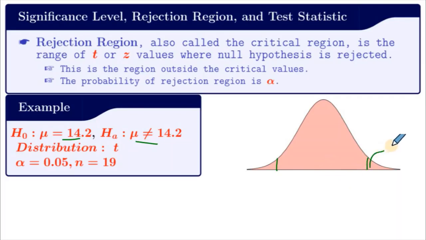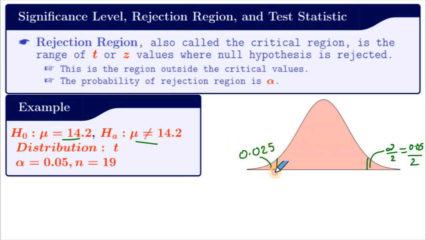So this area here is alpha by 2 and our alpha is 0.05. So this area here is 0.05 divided by 2, 0.05 over 2, and that is equal to 0.025, and same thing with this side. So basically this side and this side are 0.025.